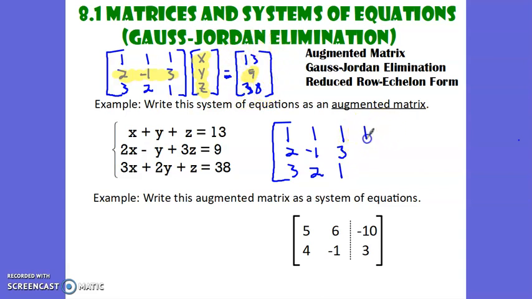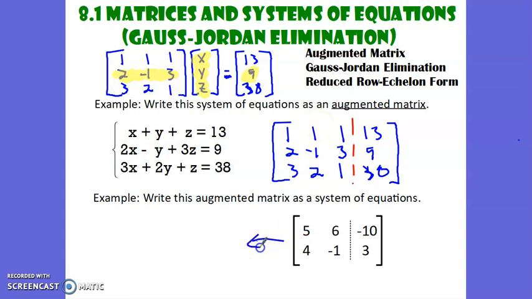We're just going to put them into the same matrix, 13, 9, and 38, as a fourth column. Instead of being a square matrix, a 3 by 3, this is now a 3 by 4 matrix. Sometimes people will even take a dashed line and put it where the equal signs used to be. I'm fine with that, but just make sure you don't get those confused with your numbers. So basically, again, we've made one large matrix out of this.